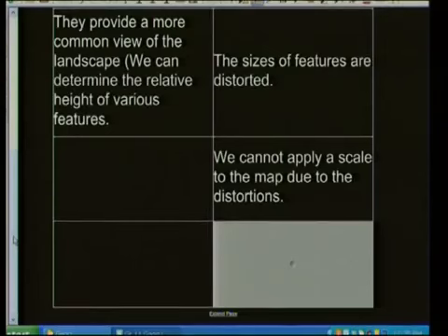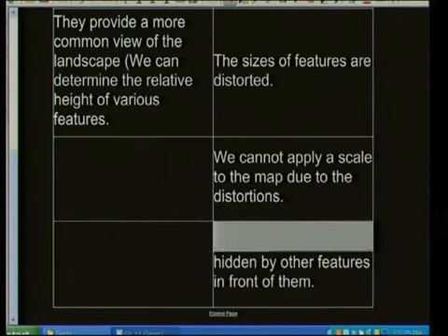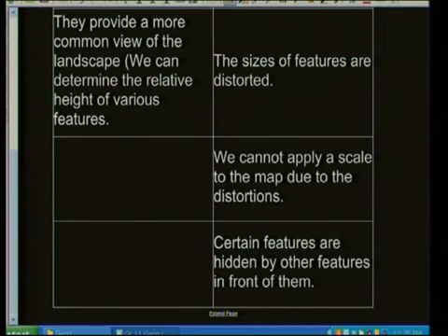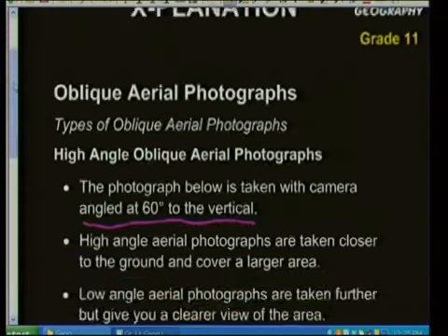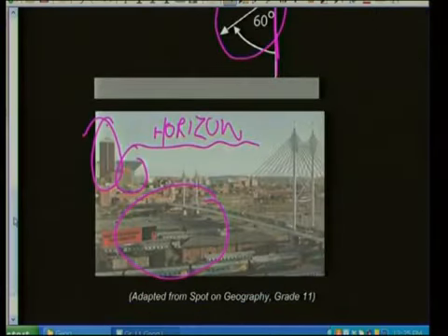Okay, let's go down further. Certain features are hidden by other features. That's another problem that we would have with oblique angle photographs. I'll show you here. Obviously, features behind this building, you may not be able to see.